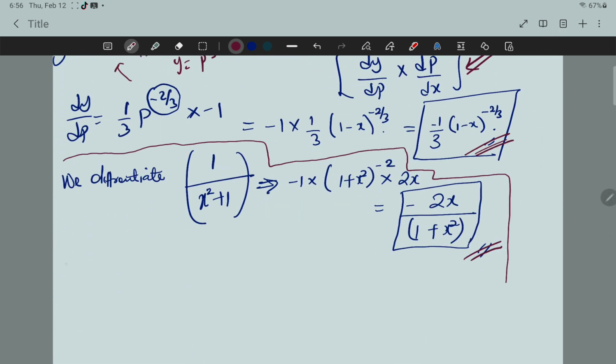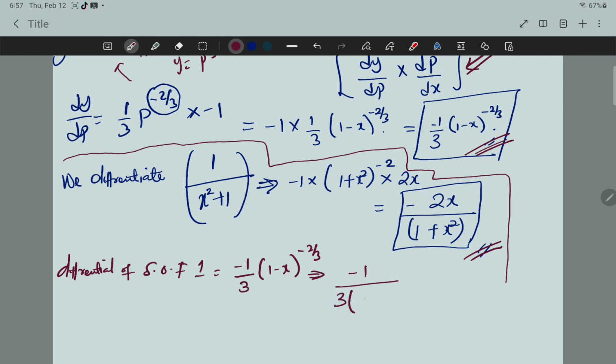So let me rewrite. The differential of subject of formula 1 is minus 1 over 3 into bracket 1 minus x raised to the power minus 2 over 3, which is also known as minus 1 over 3 into bracket 1 minus x raised to the power 2 over 3. Is that correct now?